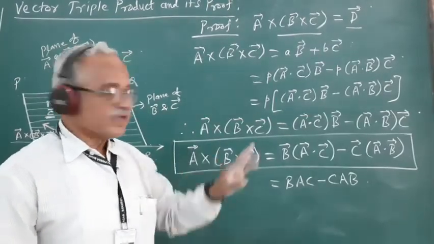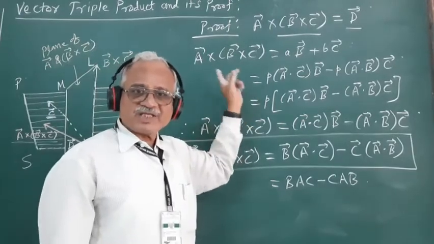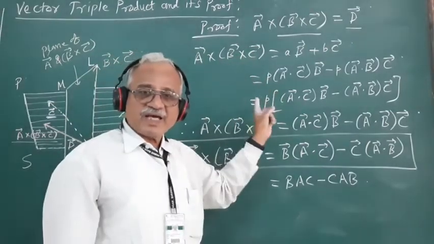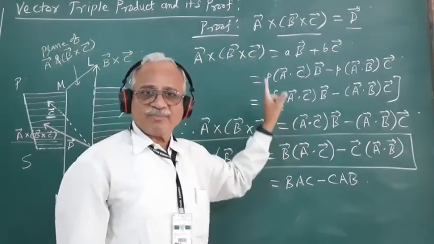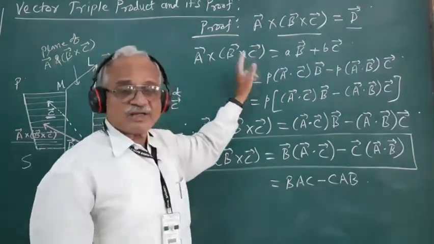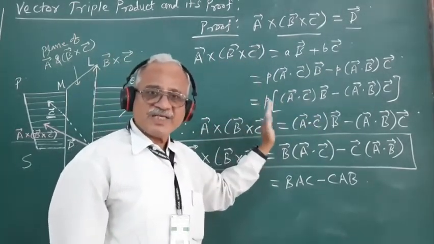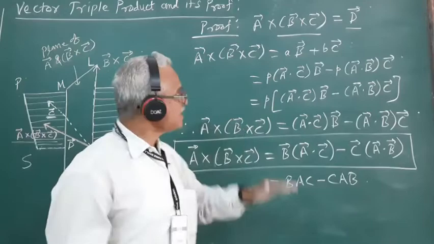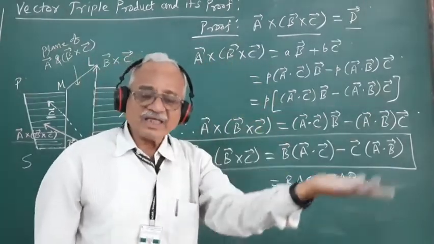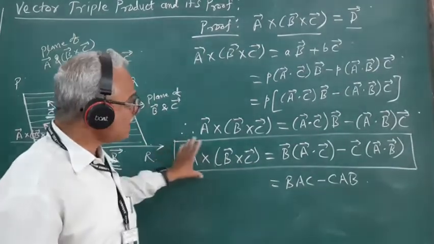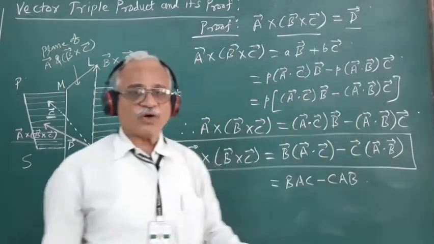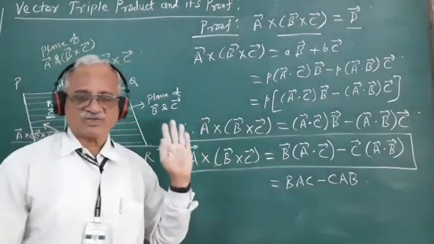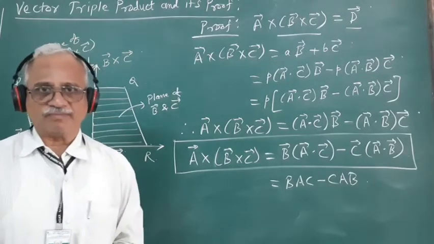A bar is expressed as I cap ax plus j cap ay plus k cap az, B bar as I cap bx plus j cap by plus k cap bz, and C bar as I cap cx plus j cap cy plus k cap cz. Replacing these vectors by their rectangular components, we also get the same expression for the vector triple product, so you can try that on your own.